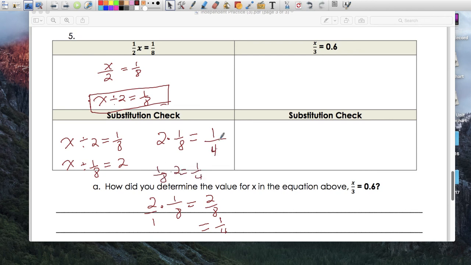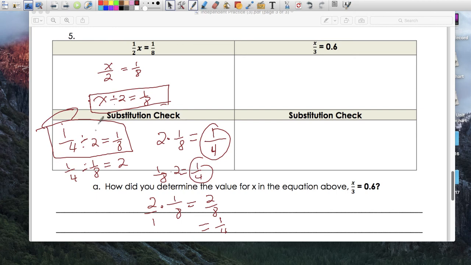Same thing, right? Commutative property. So over here, I can replace the x's with 1/4 divided by 2 equals 1/8, and 1/4 divided by 1/8 is 2. We want the fact in the same setup as the original: the x is replaced by 1/4, the 2 is in the same position, and 1/8 is on that side. So our mystery number, x equals 1/4.